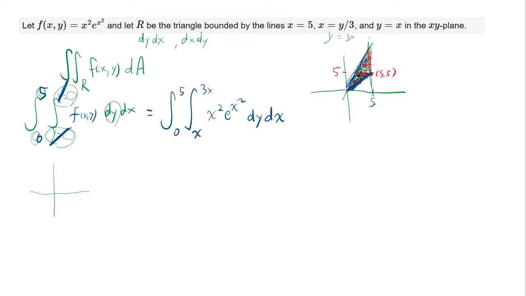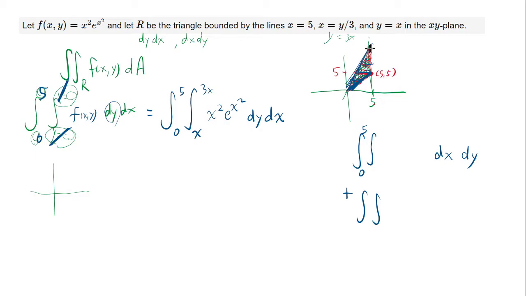Now on the other hand, what would happen if you try to do dx dy? If you paint the region sideways from left to right, as I commented, it should be two integrals for two different cases. When the y value is from 0 to 5, you get one integral.